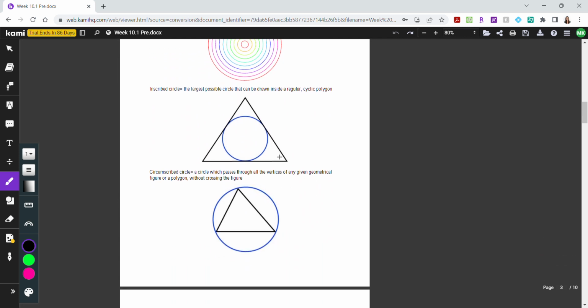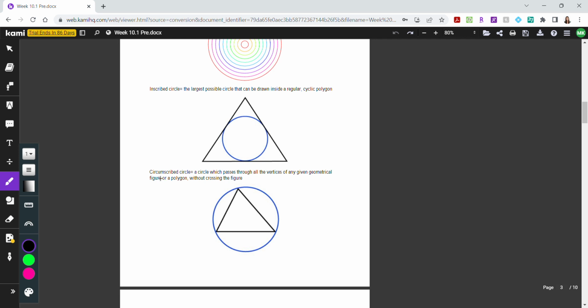Okay. Now these two are a little bit more important because a lot more questions commonly come out from here. All right, so an inscribed circle is the largest possible circle that can be drawn inside a regular cyclic polygon. All right, so this will be what we call an inscribed circle because it's drawn inside.